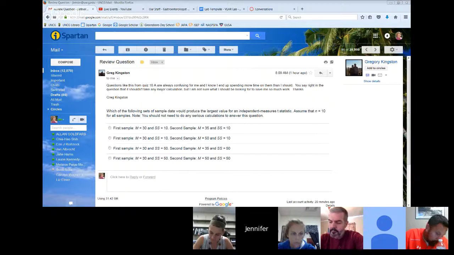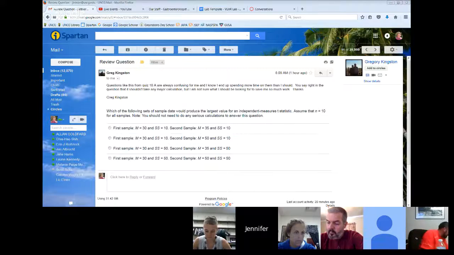The denominator for the test statistic is standard error. And standard error is a measure of variance, either standard deviation or variance, over the square root of n, essentially, the square root of sample size. So that denominator, you want to actually make smaller, so that the test statistic would get bigger.